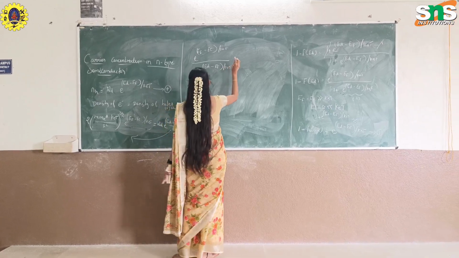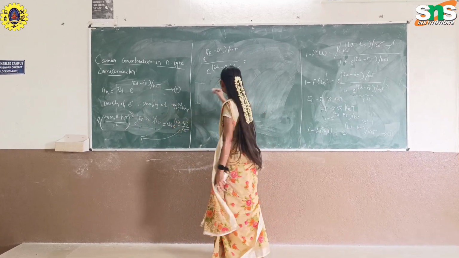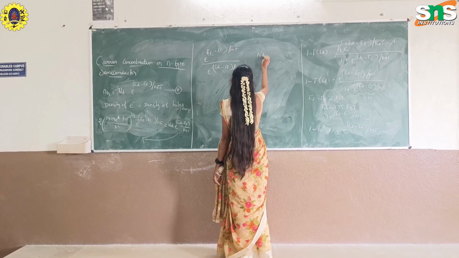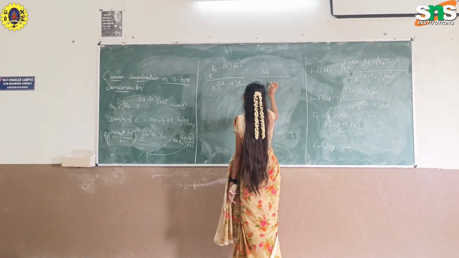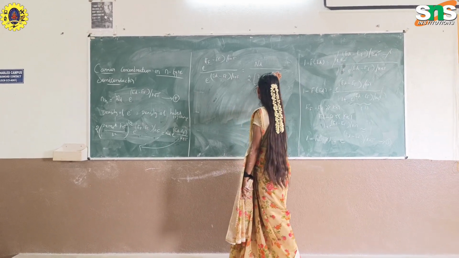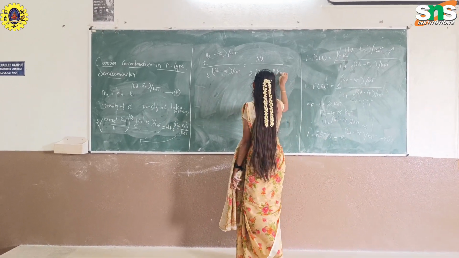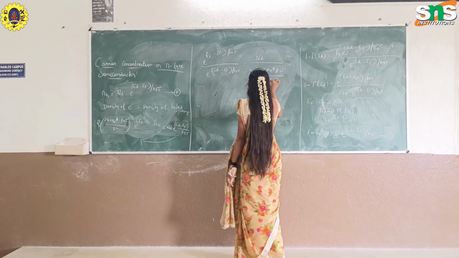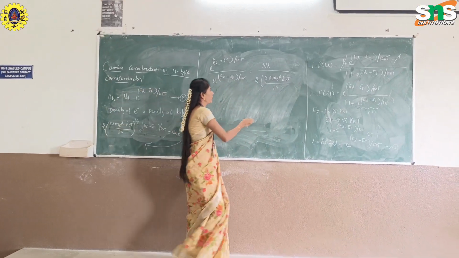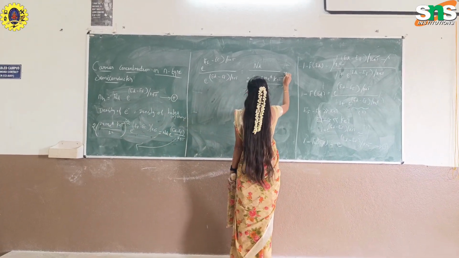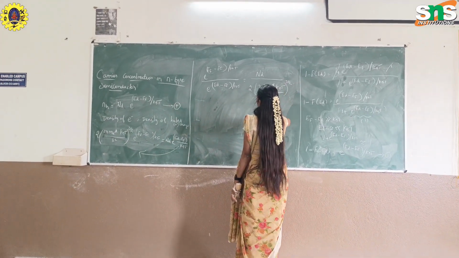That is equal to what is the remaining value? Nd whole divided by 2 into (2 pi mv star kBT divided by h square) whole power of 3 by 2.